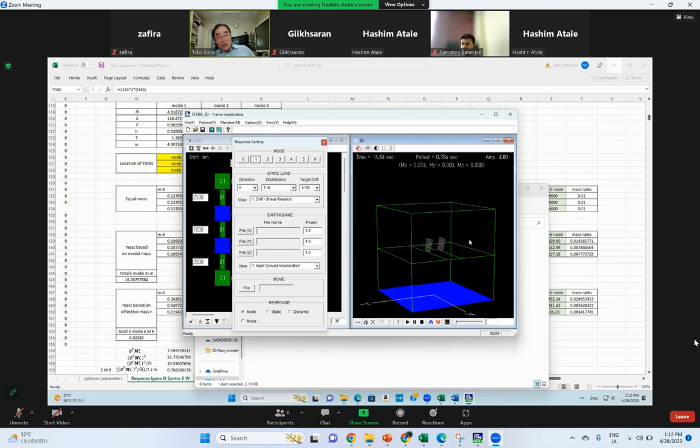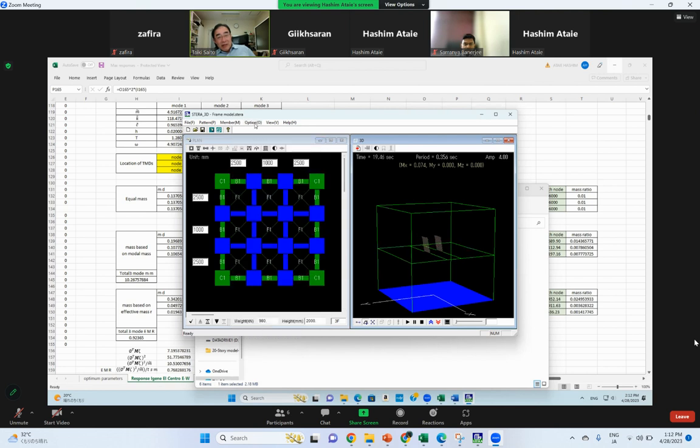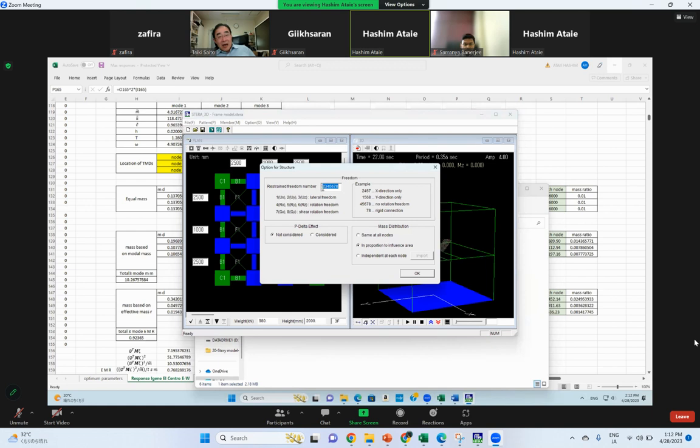Could you click option structure? What degree of freedom do you have? I created just one. So in this case, the beam doesn't deform at all.